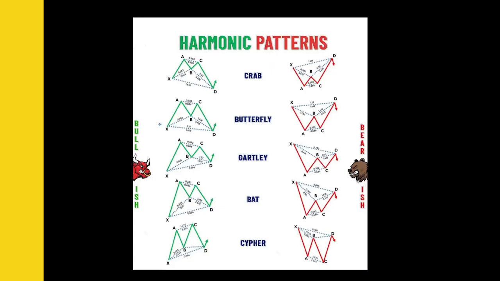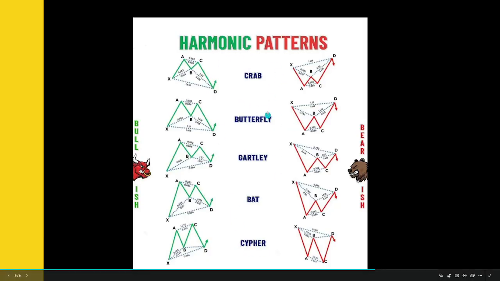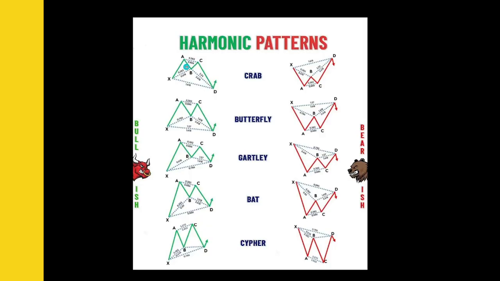That's why we took the main foundation of the harmonic patterns, which are the three shapes that we covered. The rest comes by time and by practice, and these are the rest of the shapes. As you can see, they all consist of the three foundations we discussed. So the main harmonic patterns are basically these five: the crab, butterfly, Gartley, bat, and cipher.